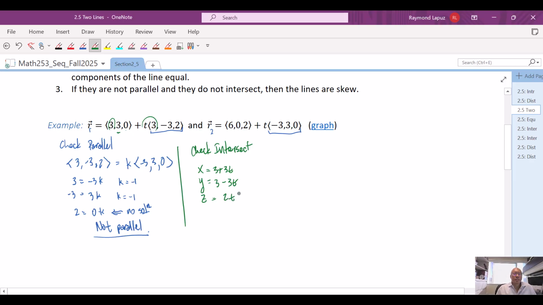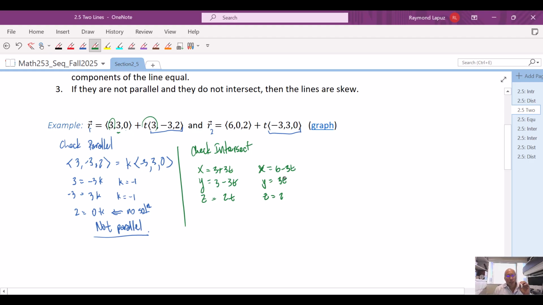Okay, so that's for the first line. For the second line, I will have x is equal to 6 minus 3t. The y would be 0 plus 3t. And then the z would be equal to 2 plus 0t. So that's just the constant 2.